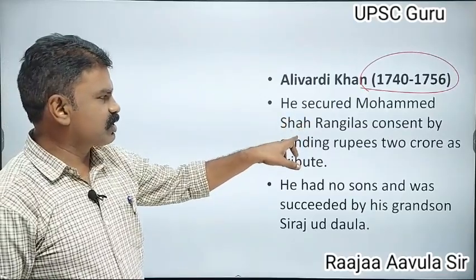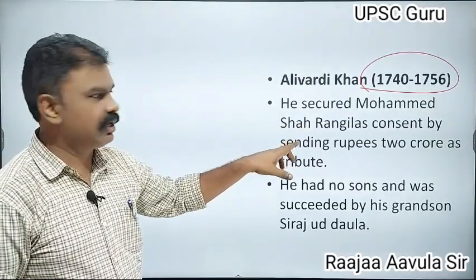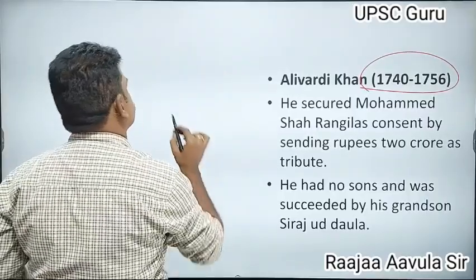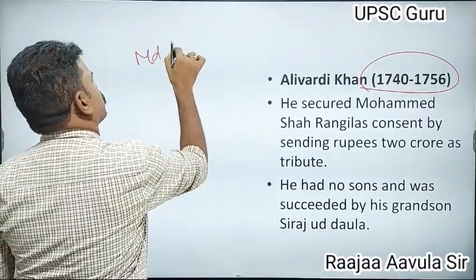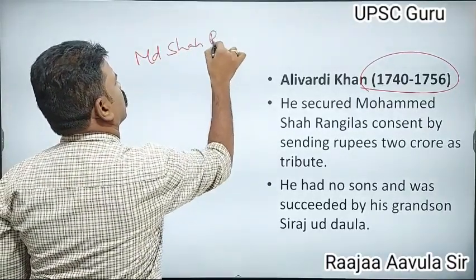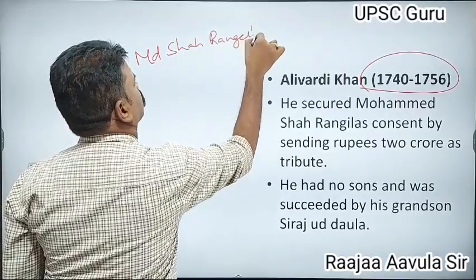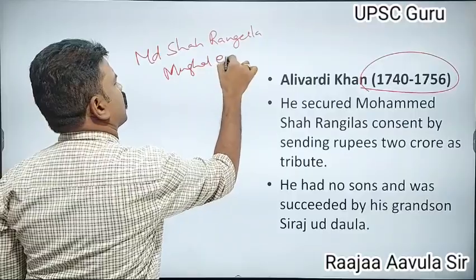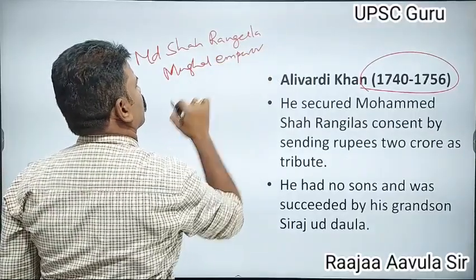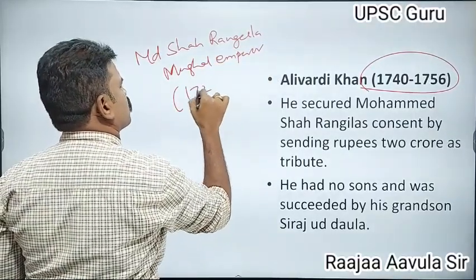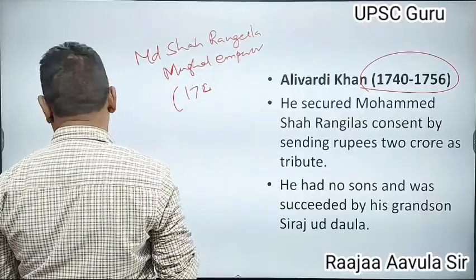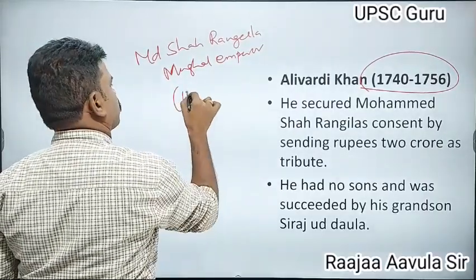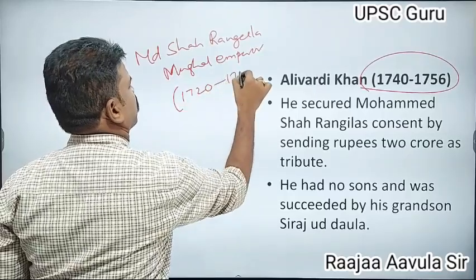He secured the consent of Muhammad Shah Rangila. During this time, 1740 to 1756, Muhammad Shah Rangila was the Mughal emperor, from 1720 to 1748.